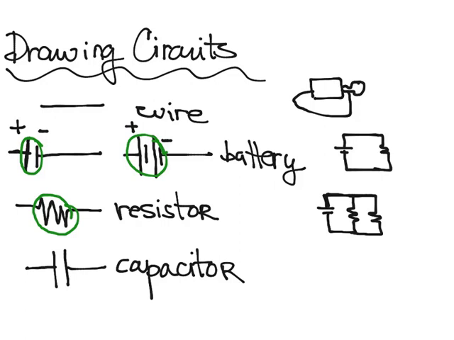Okay, and then two dim bulbs, so this was too bright. Two dim bulbs you would draw like this. You had one connected one after another to the same battery, and electrons had to flow through each bulb to get back to the other side of the battery.